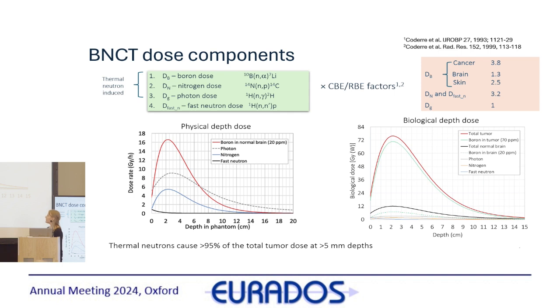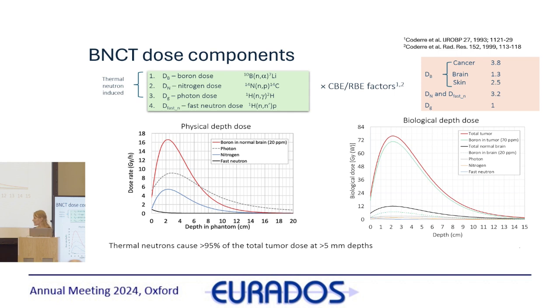The red depth dose curve represents the tumor dose, and black represents the normal tissue dose. At any location here, if we have a cancer cell, it is probably getting as high a dose as this red curve shows, but if there is normal tissue at that location, it receives this black curve dose.